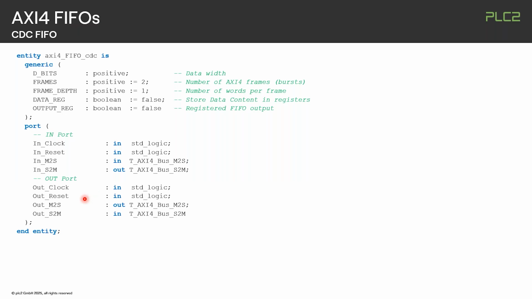Having a look at the interface itself, in our last webinars, we showed and introduced our AXI data types and infrastructure, how it's made. We are using 2 record data types, one from manager to subordinate, and one from subordinate to manager. So one record forward, one record backward for all AXI signals.